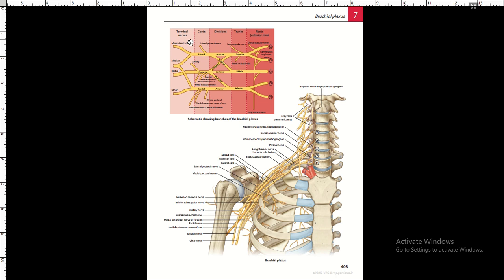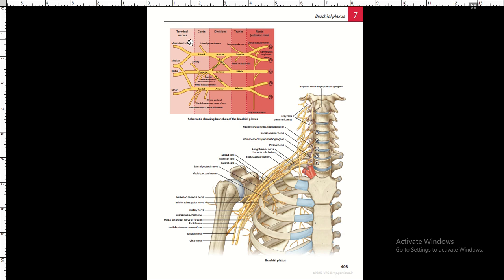So your roots, your trunks, your divisions are going to be in the posterior triangle of the neck, the root of the neck, while your cords and the terminal nerves are going to be in your axilla.